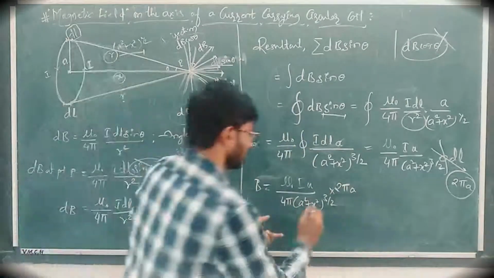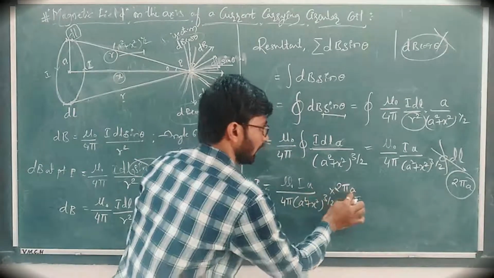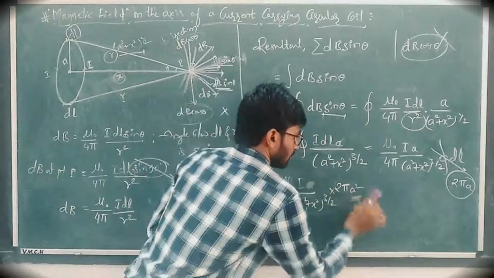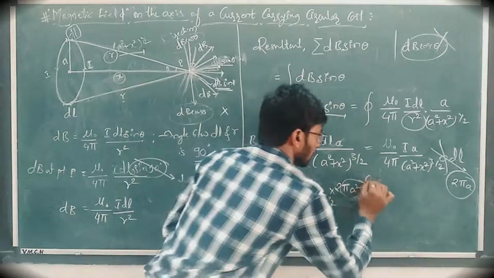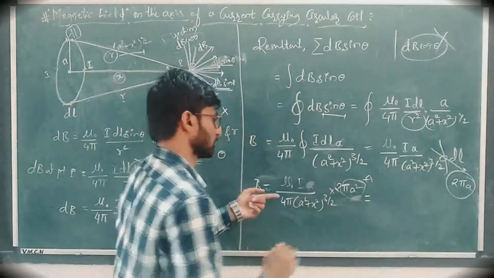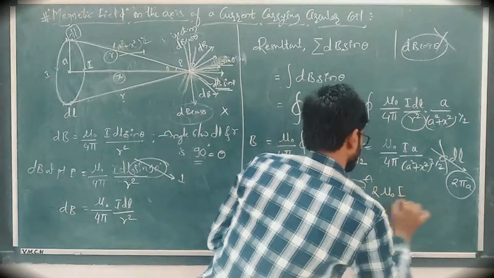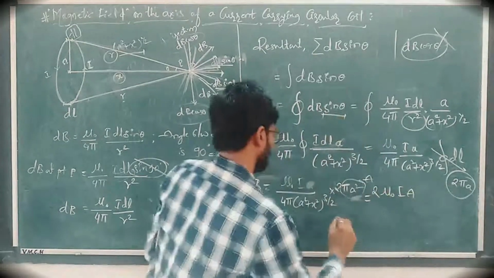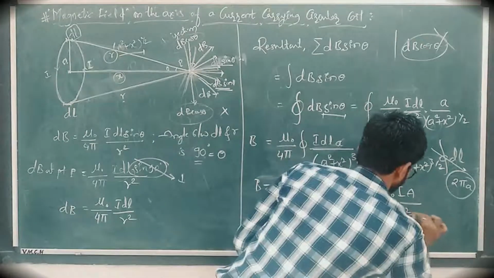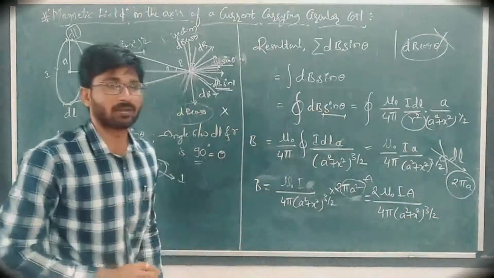Is that right? And now this gives you 2 pi a into a square, and I can write pi a square as the area. Is that right? And now that equals mu naught I into area divided by 4 pi, a square plus x square to the power 3 by 2.